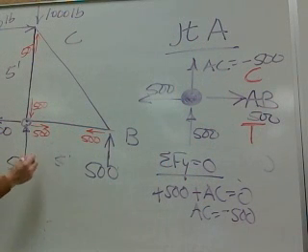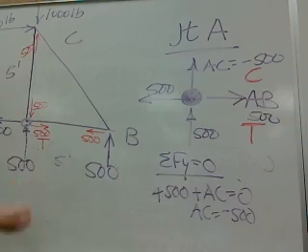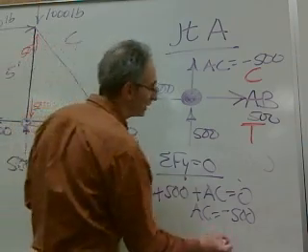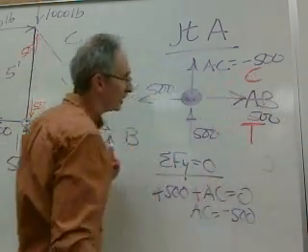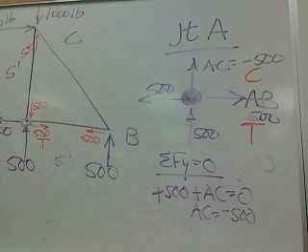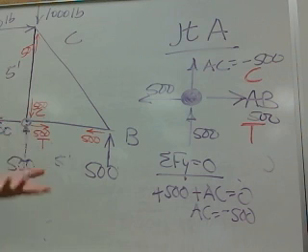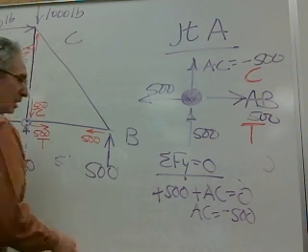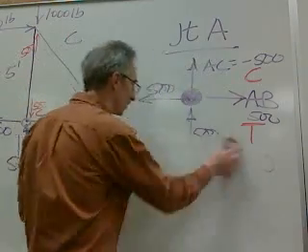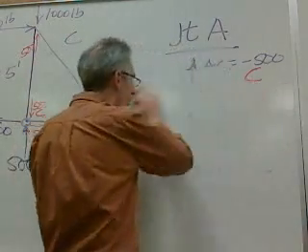So basically, AC is 500 compression and AB is 500 tension. So that's sort of what I do. I always assume an acting away. If it ends up acting away, that's tension. All right. Let's go to another joint.